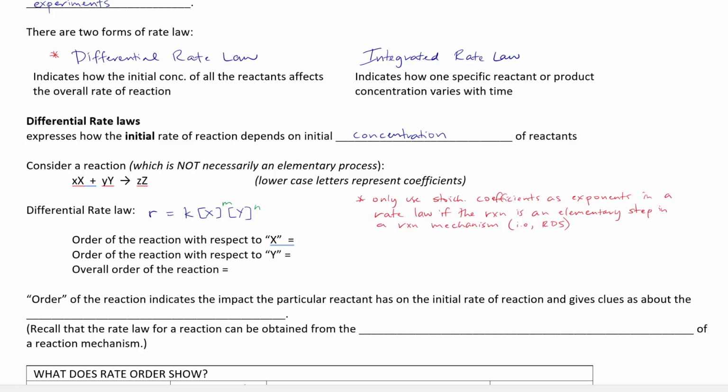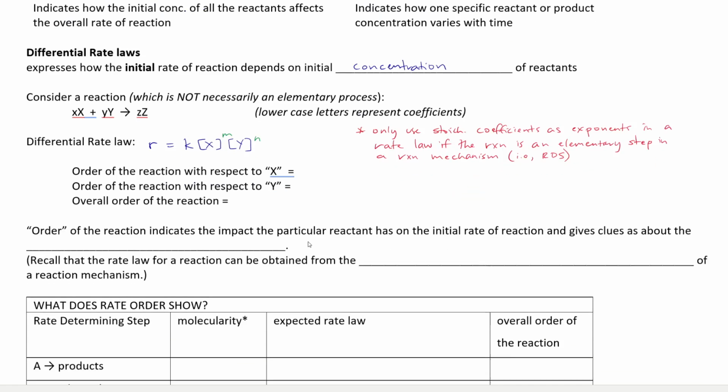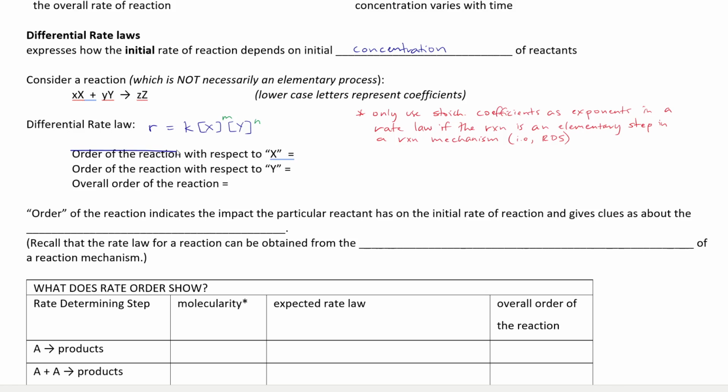So we are going to use experimental data to find M and N. We say that the order of the reaction with respect to X in this case is M, and the order of the reaction with respect to Y is N. The overall order of the reaction is M plus N. The order of the reaction indicates the impact the particular reactant has on the initial rate of reaction and gives clues about the reaction mechanism.